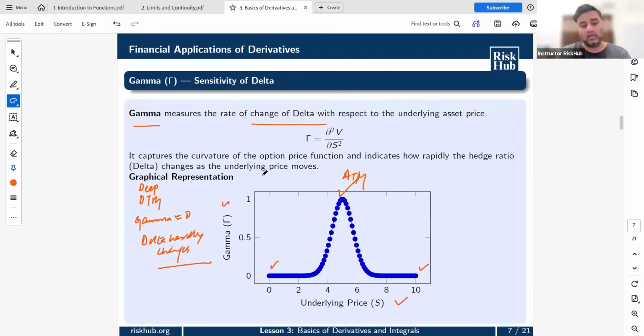At the money options are most sensitive, hardest to hedge, most actively traded. See, it is zero value for OTM, also zero value for ITM, right? Highest for the ATM, and that's why hardest to hedge, right? It captures the curvature of the option price and indicates how rapidly the hedge ratio changes as the underlying price moves. Fine.